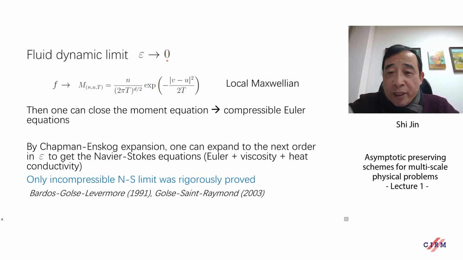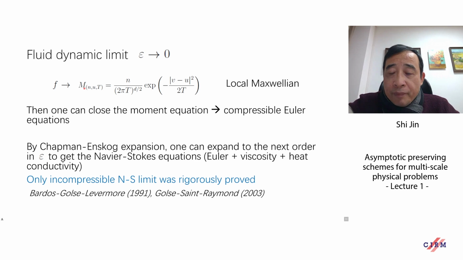That's what flow means. When the mean free path goes to 0, one can show the collision term has the property that when epsilon goes to 0, F converges to this function M, the so-called local Maxwellian, and M only depends on n, temperature T and u, only on these moments.